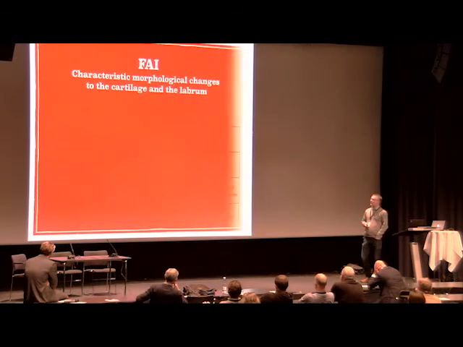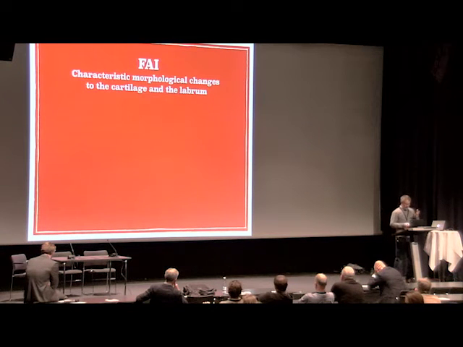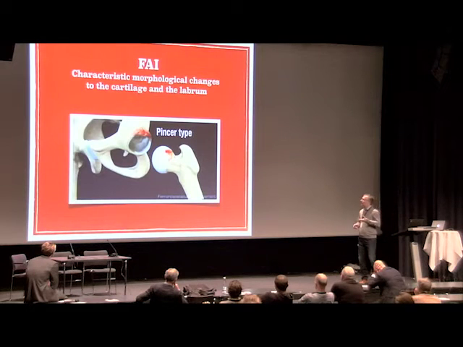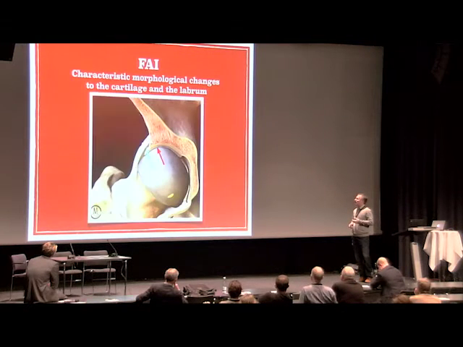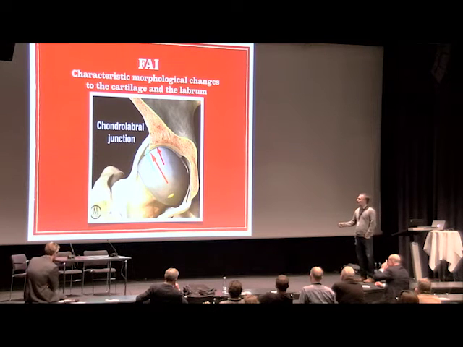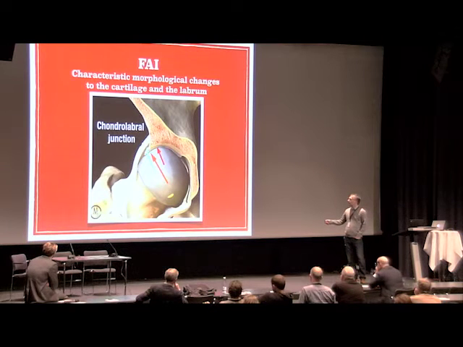So this gives rise to characteristic morphological changes to the cartilage and to the labrum. In the pincer type, you get a pinching or impingement on the labrum that gives very characteristic changes on the rim of the labrum. And also you have changes to the chondral labral junction, the junction between the labrum and the cartilage, and that gives rise to the changes on the edge of the acetabulum.